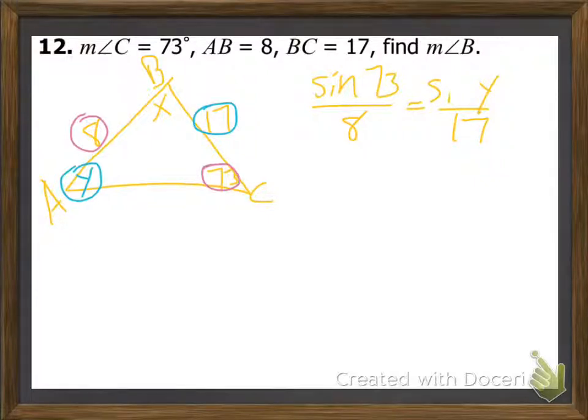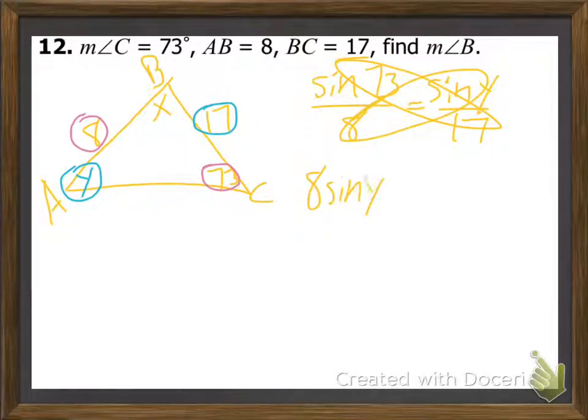This looks like an H. Let me make that look a little better. There we go. So cross multiply, and you're going to get 8 times the sine of y, and 17 times the sine of 73.